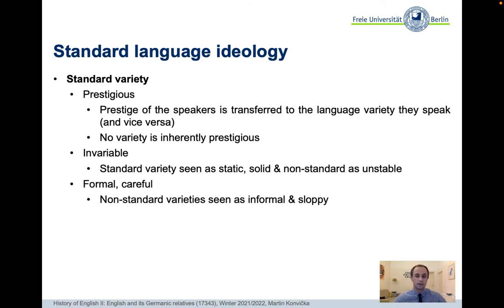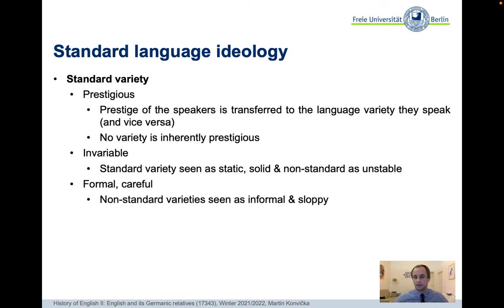What very often happens is that the speakers of a variety, regardless of what variety that is, if those speakers are perceived as having high prestige, then the language is also viewed as being prestigious. So there is this interconnectedness between the prestige of the speakers and the prestige of their variety.